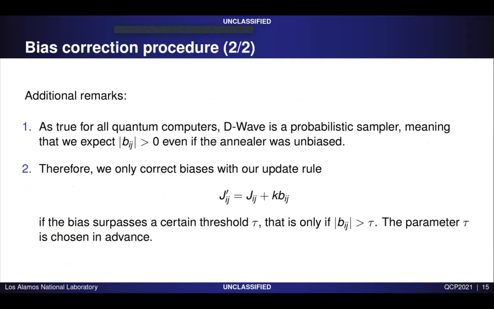Additionally, we do not want to overcorrect by changing edge weights which are not actually biased. Because D-Wave is a probabilistic sampler, one would expect the bias across all edges to be non-zero. Therefore, we only apply the update rule if the bias is more than the threshold parameter tau.